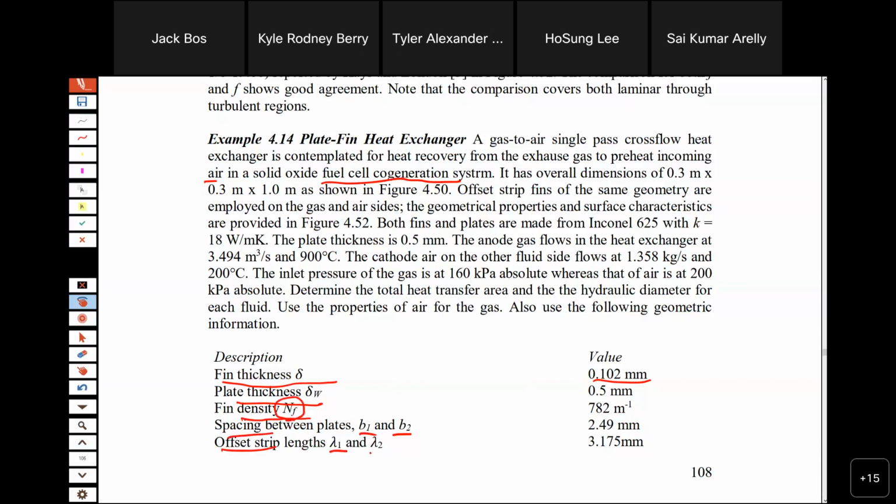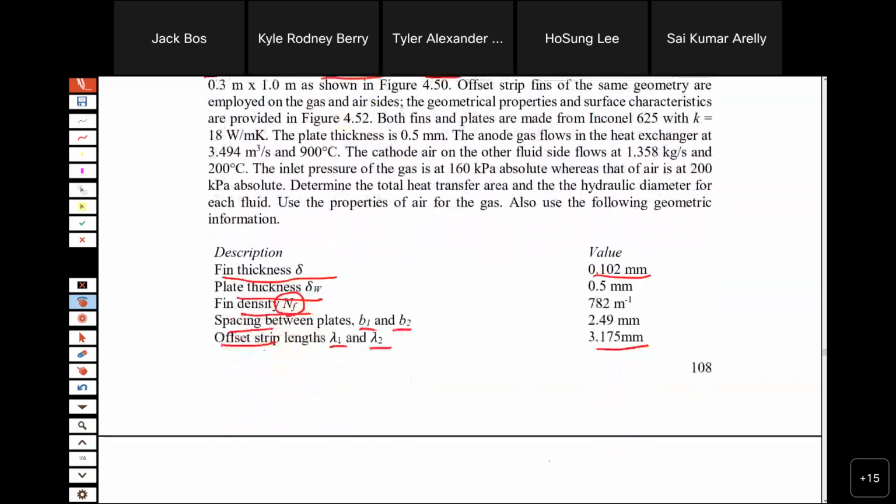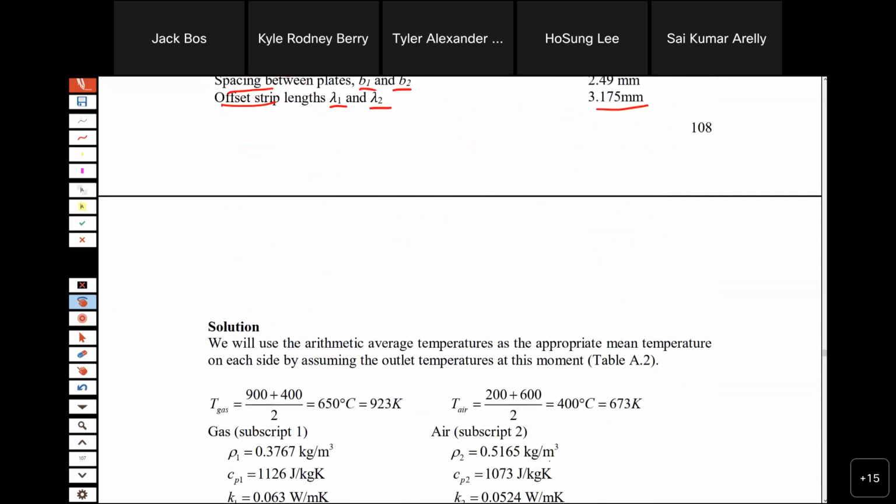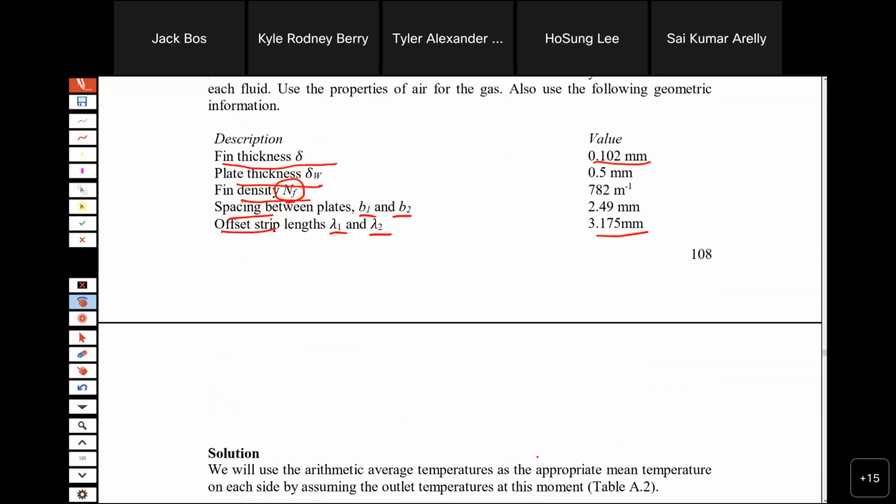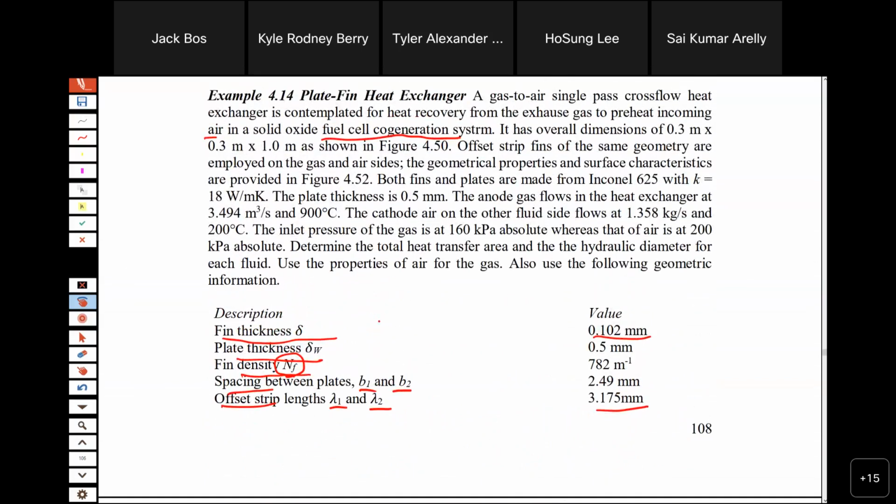Offset L1, L2 is given. And then asking, determine total heat transfer and the hydraulic diameter in this example. Okay, pressure drop is very challenging. We can do that, but in this example it is the total heat transfer and hydraulic diameter.